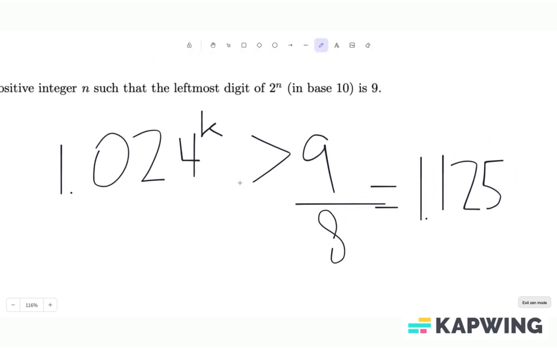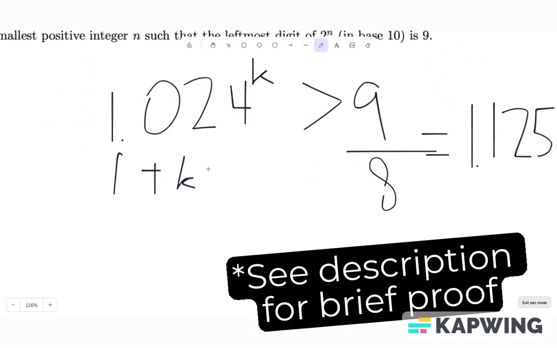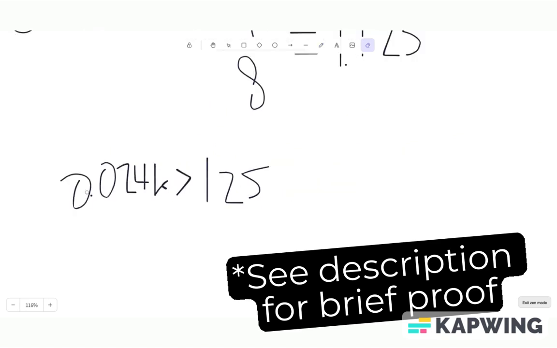After I used that reasoning, I also found that 1 plus some really small decimal k raised to some power n is going to be approximately 1 plus nk.